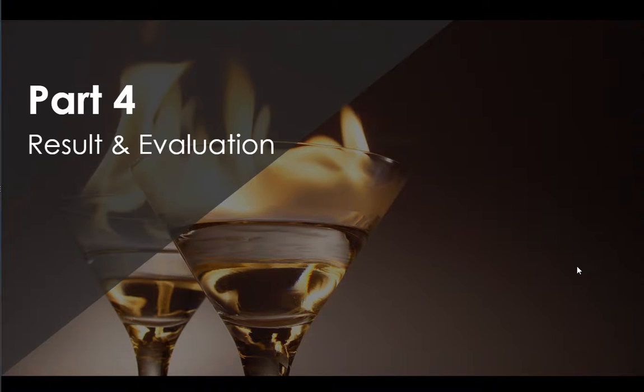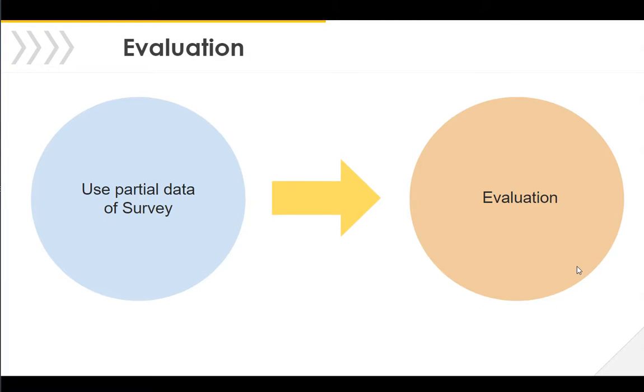Results and evaluation. First, about the evaluation, we use the partial data of the survey. In the survey, as I mentioned, we collected the rating data of 22 kinds of cocktails, and 25% of that data we use as input, and the rest of them we use as evaluation, as test data.